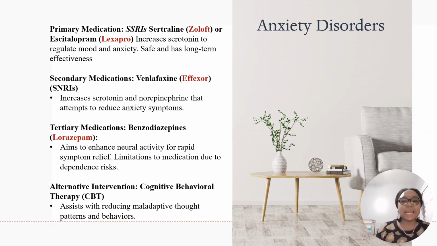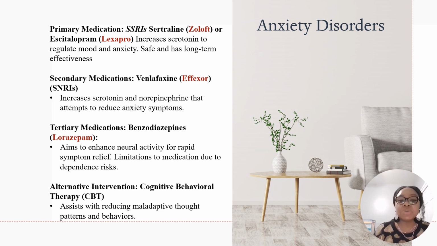So focusing on the anxiety disorder, we have our primary medications such as Zoloft, which increases the serotonin to regulate mood and anxiety. Then we have the secondary medications, Effexor, which increases serotonin and norepinephrine and attempts to reduce anxiety symptoms. And then our tertiary medications, such as a medication called lorazepam, aims to enhance the neural activity for rapid symptom relief.